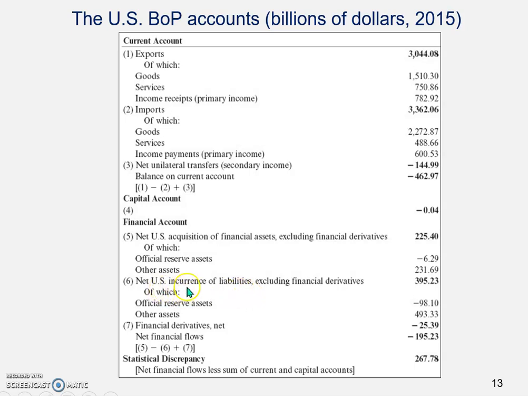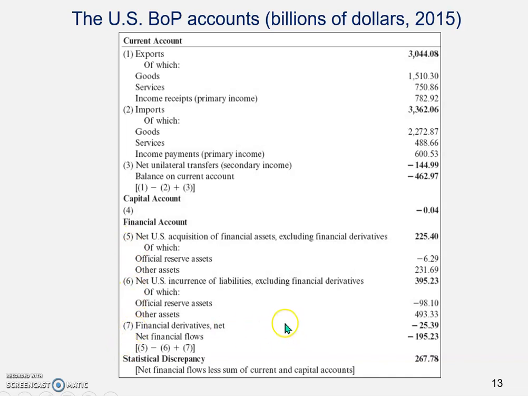So it's going to be the U.S. incurrence of the liabilities, and it's $395.23 billion. And we have the net financial derivatives, which is approximately $25 billion. Now, to figure these out, for the three things for financial accounts, we use number 5 minus number 6 plus number 7.